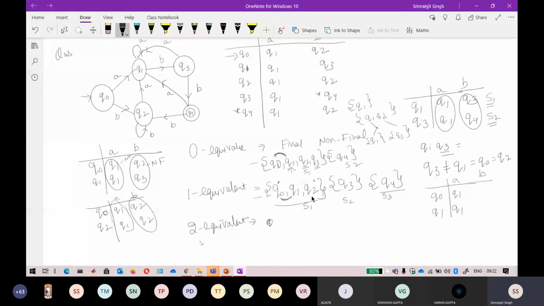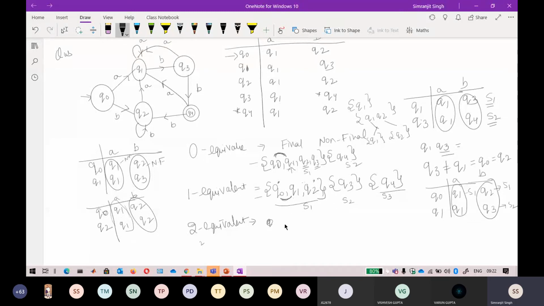This is one and the same thing, and Q1 belongs to set 1, so they are not going to different sets. For B, it is Q2 and this is Q3. This is different: Q2 is in set 1 and Q3 is in set 2.